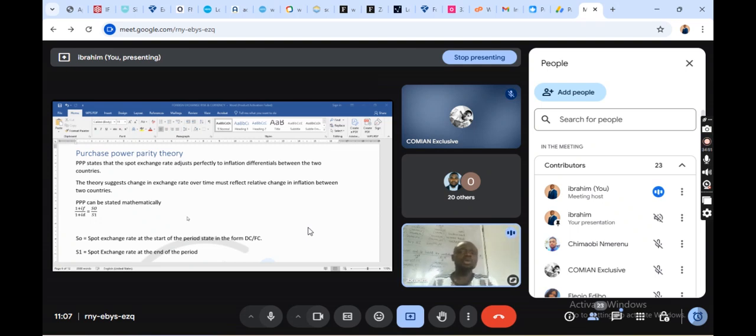Which one you are to use will be stated in the question. So what I'm saying is that you have a spot rate of 160 naira to $1.